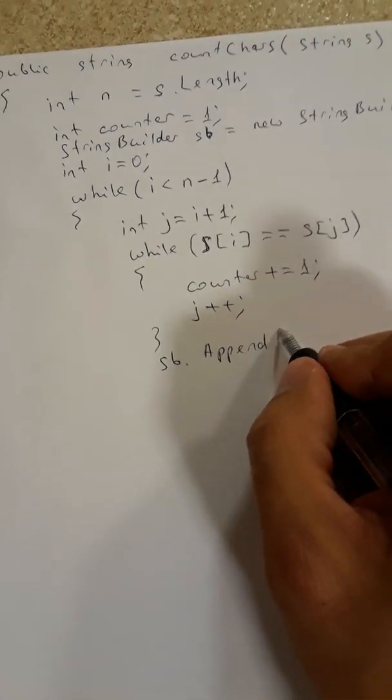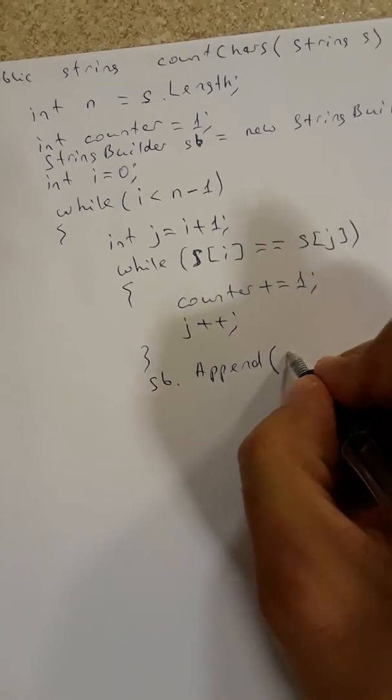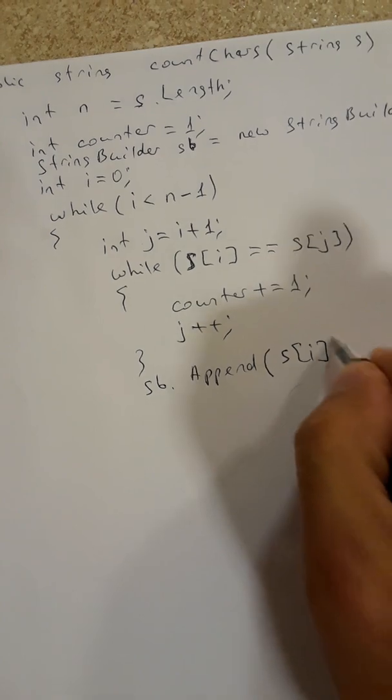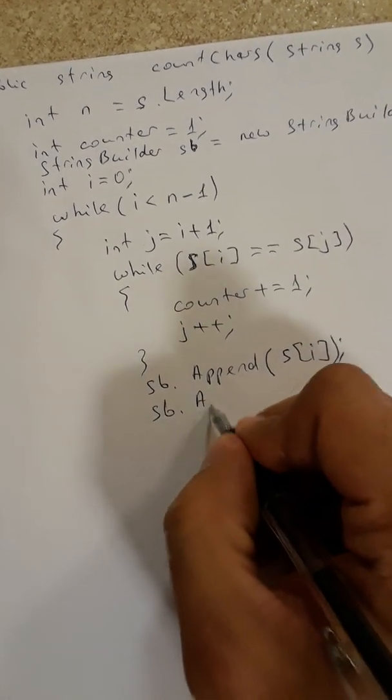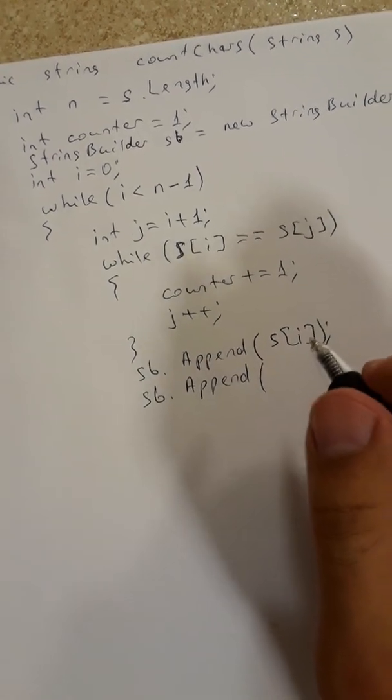So here at the end I will append the initial character from the string, like s[i], and after that I will append the counter value.